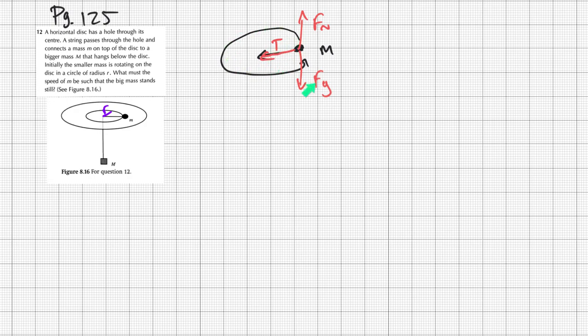Normal and gravity aren't really acting in this case. So if we were to draw it over here, this is normal and that's gravity. Those don't play a factor. It's just this tension force towards the center of my circle. So I'm just going to erase gravity and normal because they really aren't going to play a factor in this question.